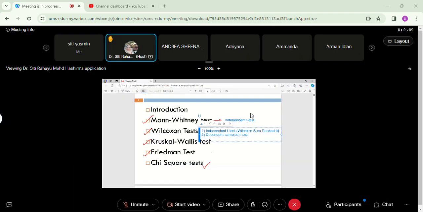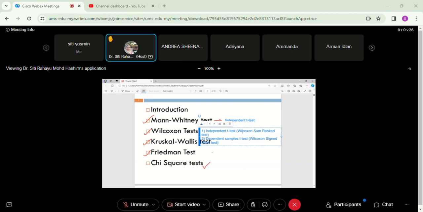So it's supposed to be Wilcoxon rank sum test. And for the dependent sample t-test, the name of the Wilcoxon test is Wilcoxon signed rank test.